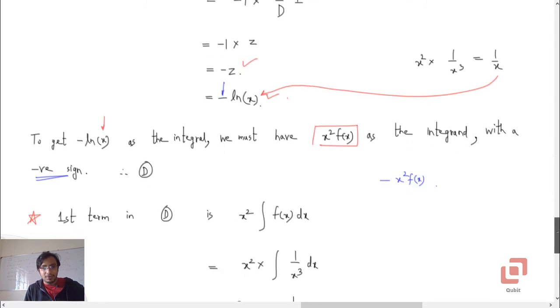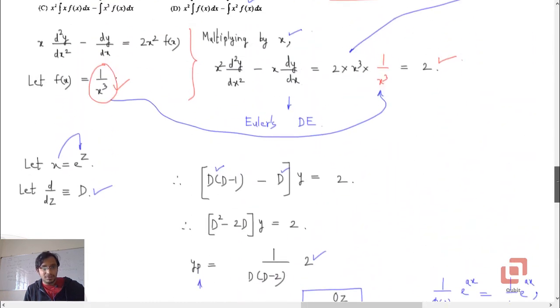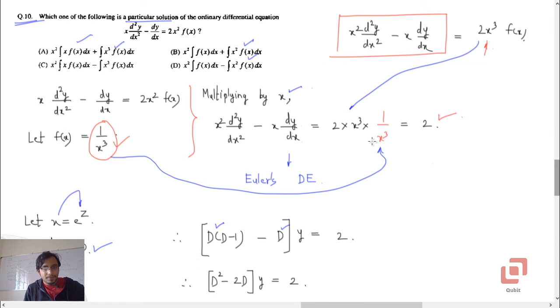And that is only present in option D, as you can see here. We have got plus x squared f of x, that's okay. We have got x cubed f of x here, so that is also not allowed, again x cubed f of x. And look at even the first terms there, x f of x not possible, f of x again not possible.